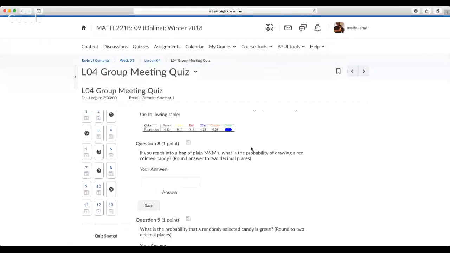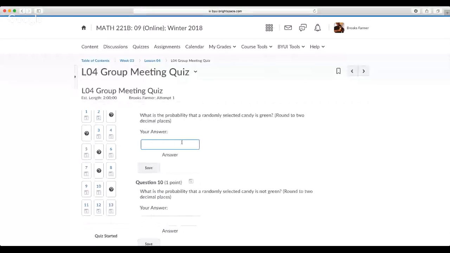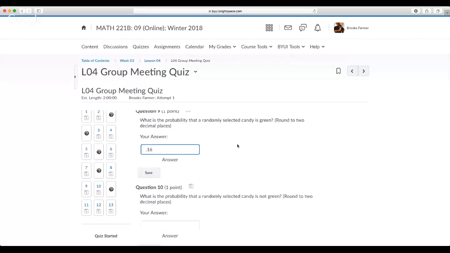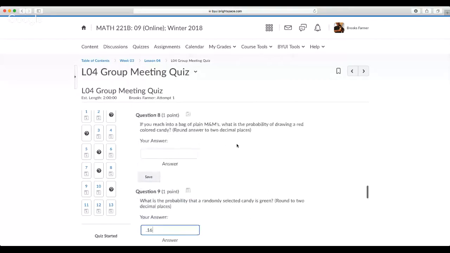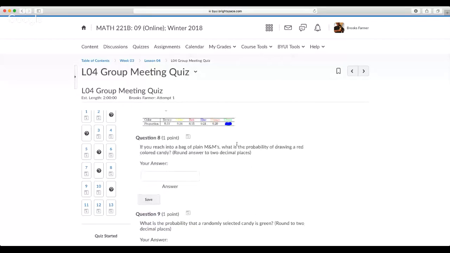Okay, and that's I think the next question. So 0.16. Because all the numbers should add to 1 or 100%. If you're taking it as a decimal, then you add up all the others, and the remaining should be what you subtract from 1.